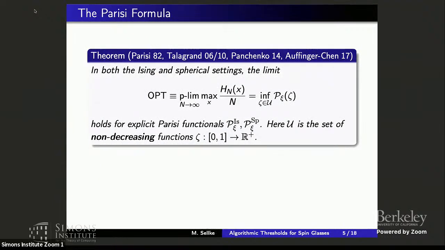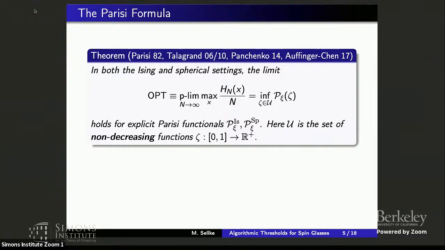Okay, now probably the most celebrated fact about these mean field spin glasses is the Parisi formula, which was proved by Talagrand, and there are various other results that I've listed here. In a nutshell, what the result says is that in both the cube and the spherical case, if you look at the maximum value of this Hamiltonian, appropriately normalized and in the large n limit, it'll have some limiting value.